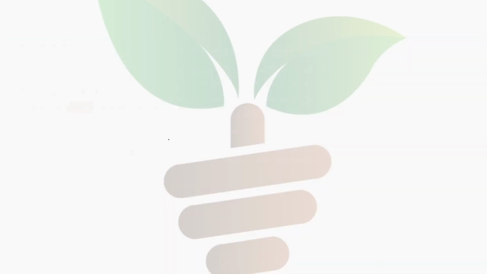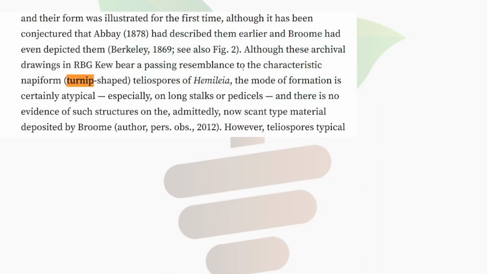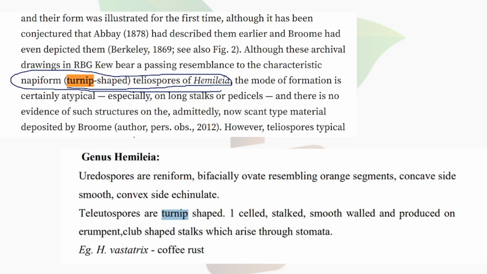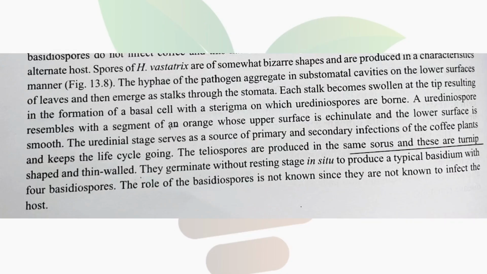I will show you. Take a look at this picture: the characteristics of the turnip-shaped teliospore of Hemileia. Napiform or turnip-shaped teliospore. This is one of the very good articles published in Nature. In the genus Hemileia, the teliospores are turnip shaped. Another very good book is by K.R. Aneja and Mehrotra, the 3rd edition of Introduction to Mycology.